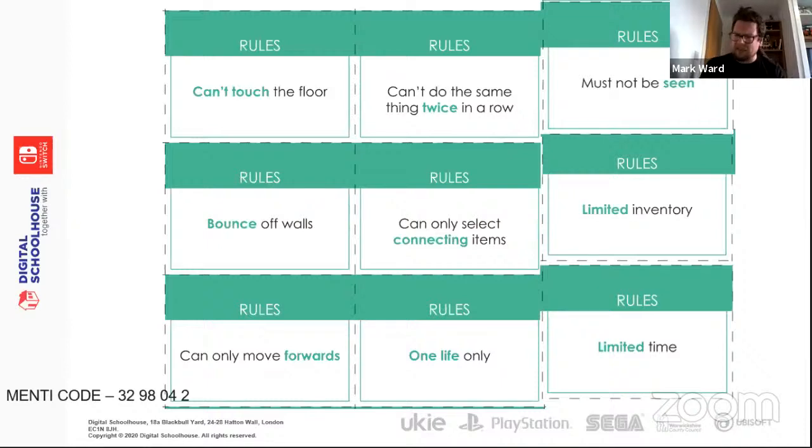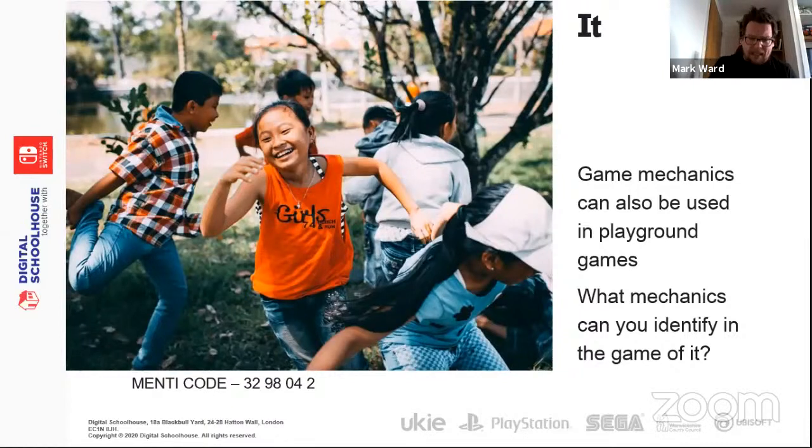So how does that actually work in the real world, first of all? So imagine the game It or Tag or whatever it is that you call it. This is a game that is played in playgrounds, and what you have to do is to avoid being caught by the person who is it. So that is what we mean by the game mechanic in that particular game.